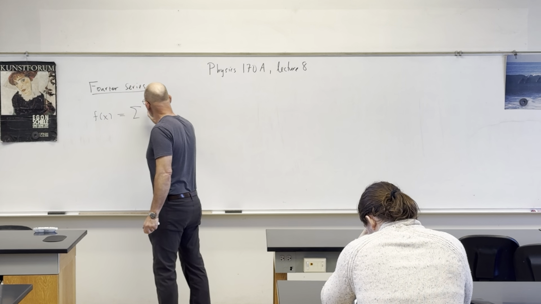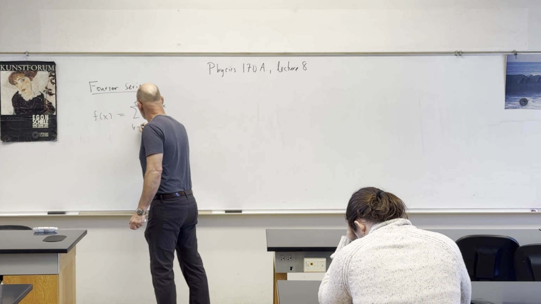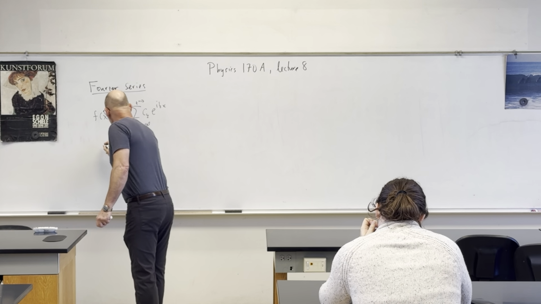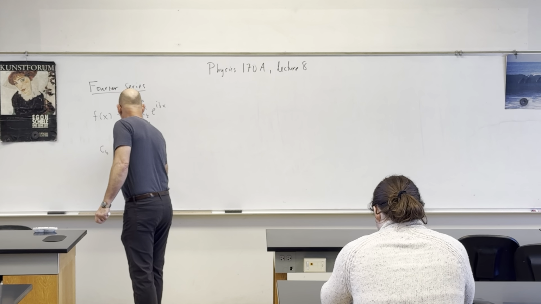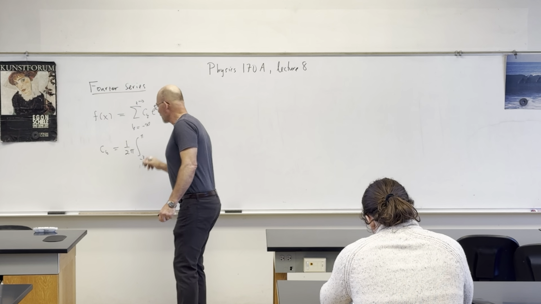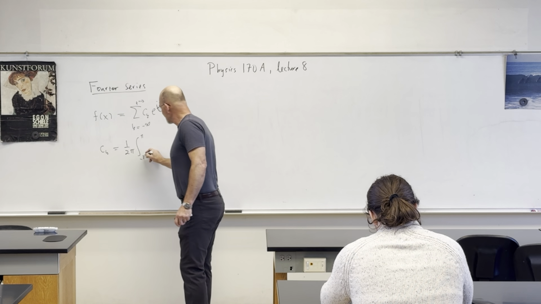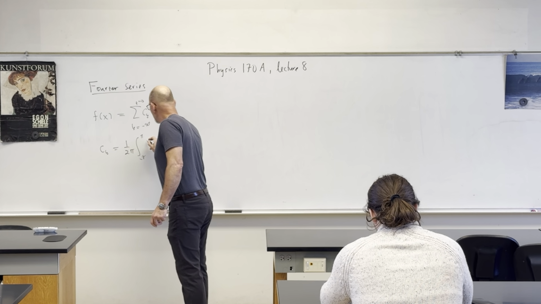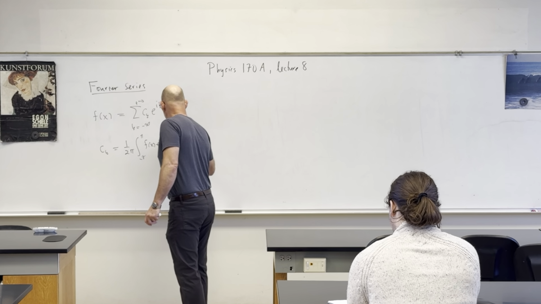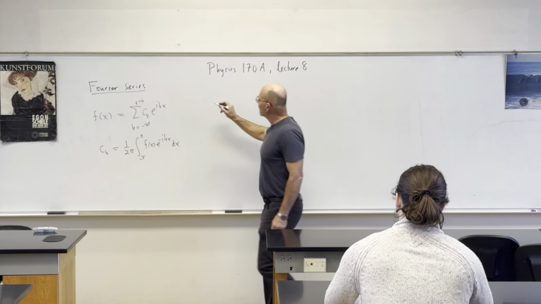And then we're going to get a limit out of this. f of x equals the sum of c sub k e to the i k x, k equals minus infinity to plus infinity, and the coefficients are given here by 1 over 2 pi times the integral from minus pi to pi of f of x e to the minus i k x dx. So we want to do one more example.